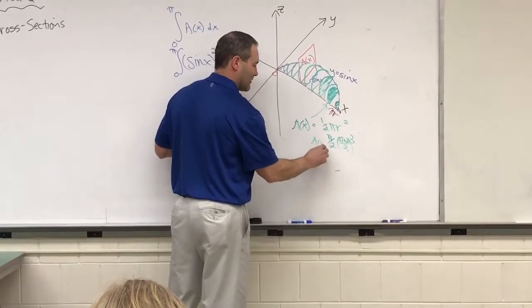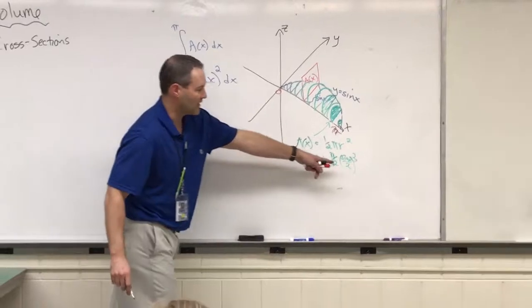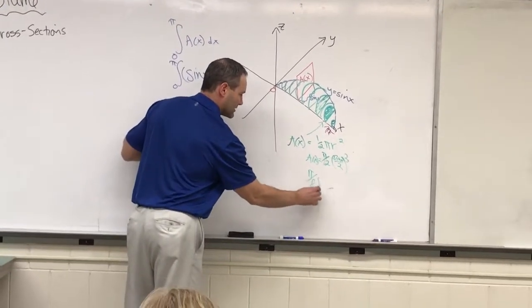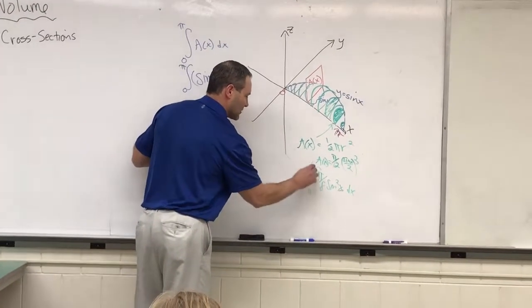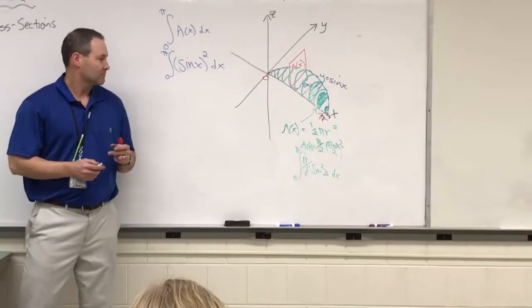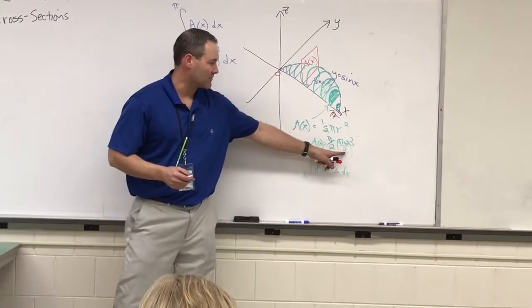So there's my A of x. Once you have that, you could make that over 4. So it's basically pi over 8 sine squared x dx from 0 to pi. Aren't you squaring the 2 at the bottom? That's how we get 8. So that's 4 times 2. Oh, yeah.